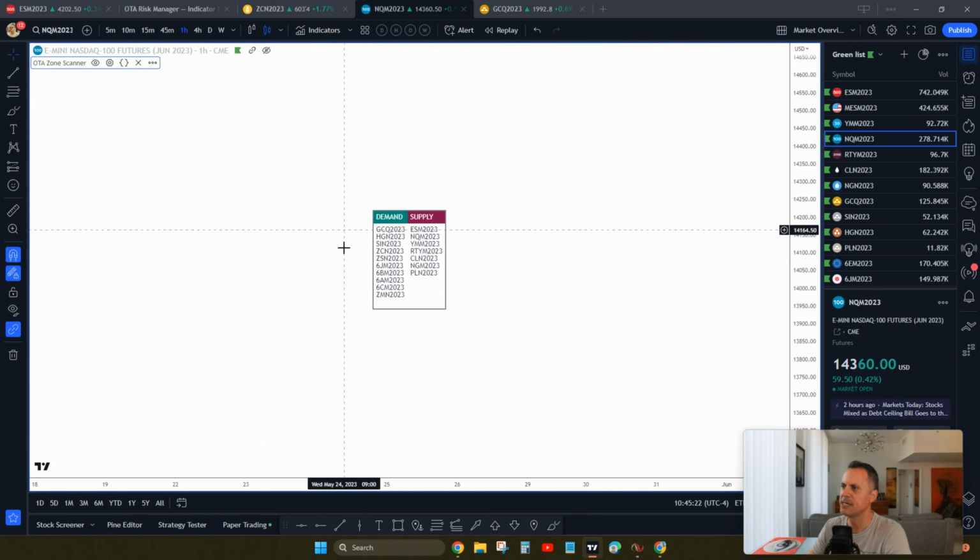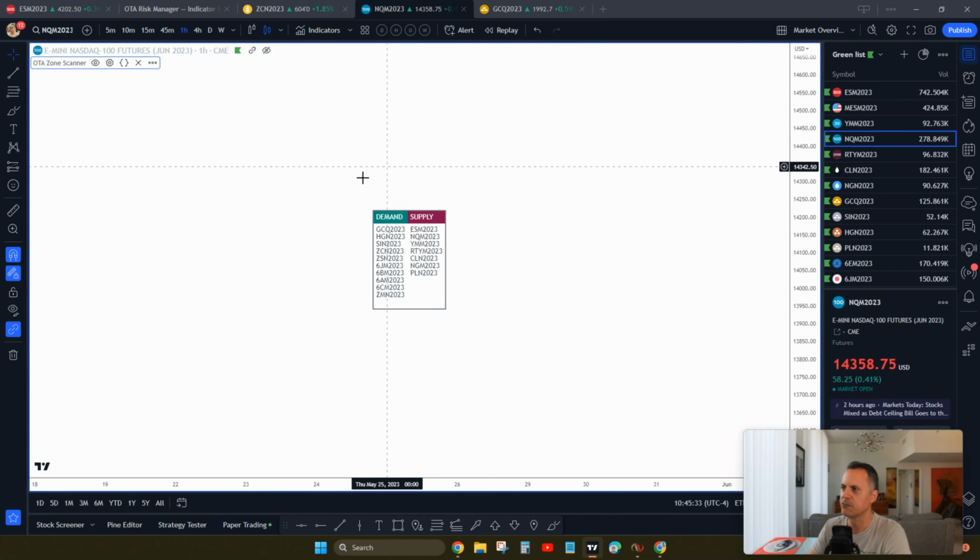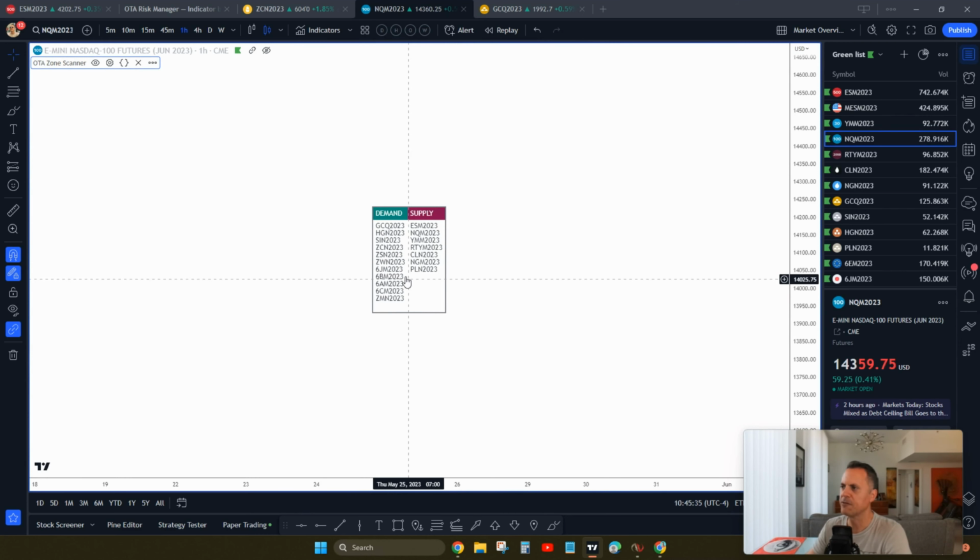Here's our OTA zone scanner, and you can put this anywhere on the chart, guys. If you wanted to put it over here on your low time frame, you can do that as well. I just have it here so that we can focus on it. Market sentiment is to the upside. So we've got more contracts that we could take trades on located in the demand zone column, and gold is right up there.